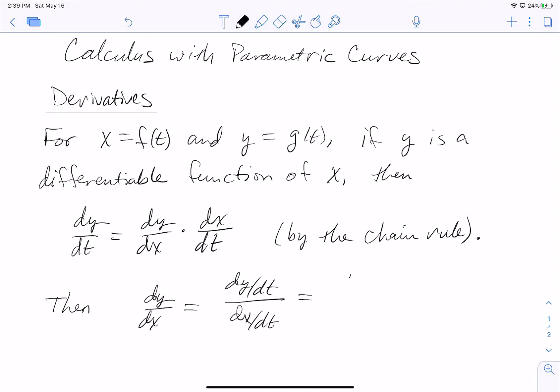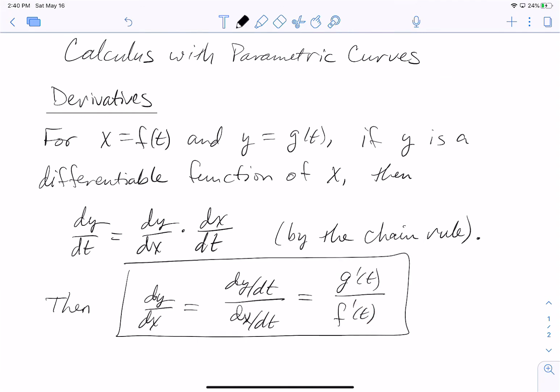And that can be expressed as g prime of t divided by f prime of t, because y depended on t, we called that function g, that's g prime. Likewise, x was defined to be f of t, and so dx dt is f prime of t. Of course, we have to have that dx dt is non-zero because it is in a denominator.